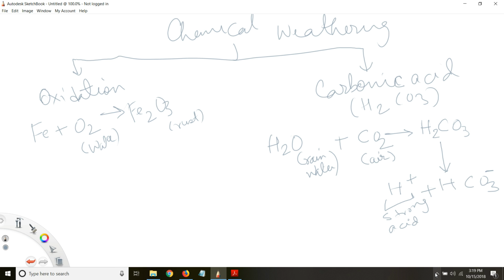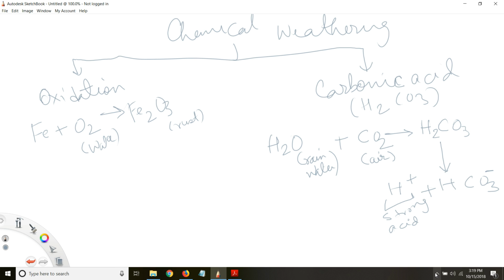Now think about a rock, the continental rock. We talked about it earlier that it is mostly felsic. It will have potassium ion, sodium ion or calcium ion, combined with silica.